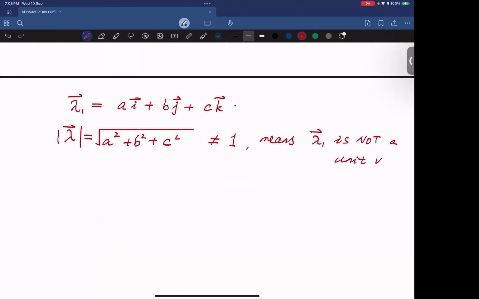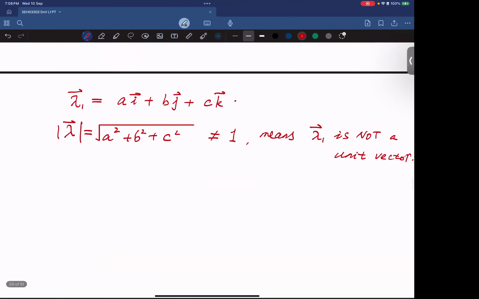So how to make it a univector? This is very important. We just use the normalization, right? So the univector of this lambda is the lambda over its magnitude.